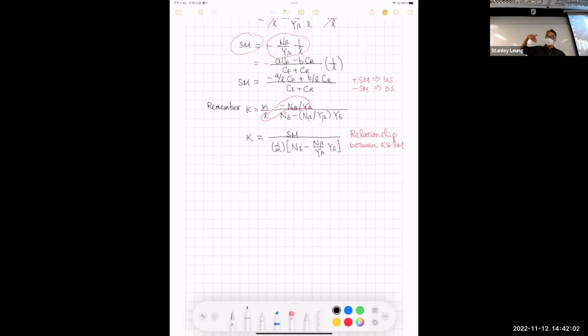We're trying to find out, rather than just the slip angle of the front and the back, the effective slip angle.